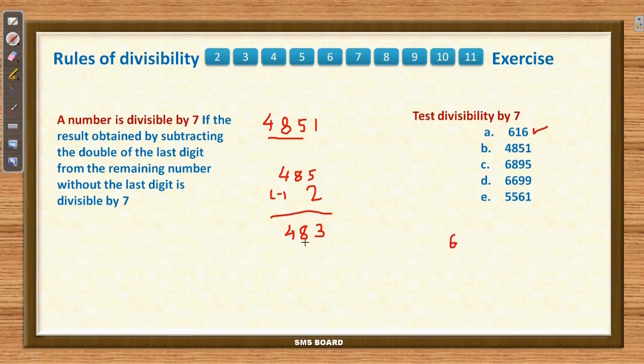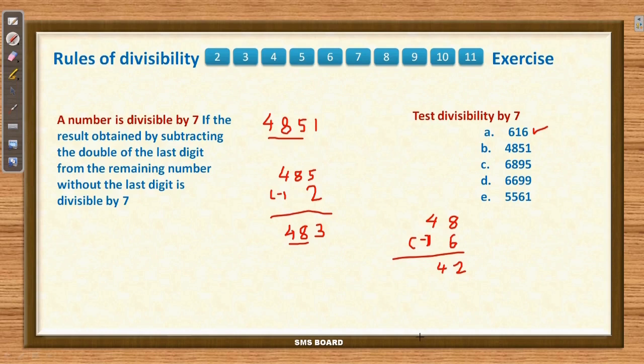Then subtract 6 from 48. 8 minus 6 is equal to 2, and then 4.